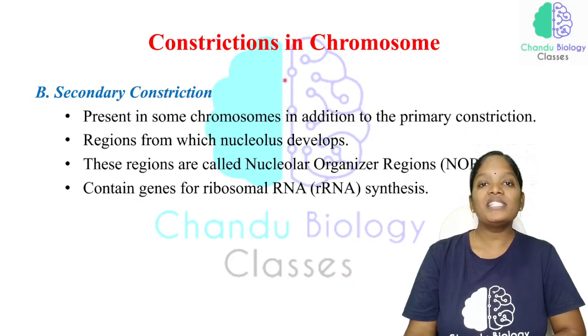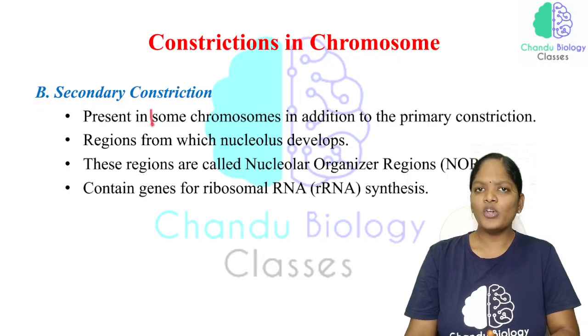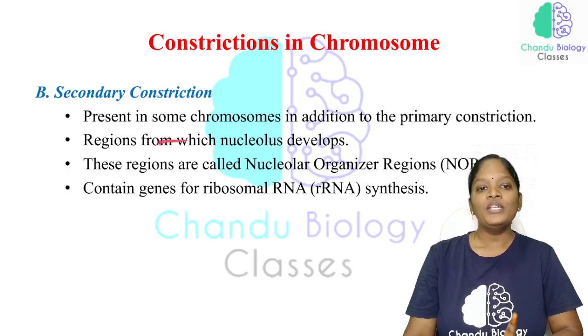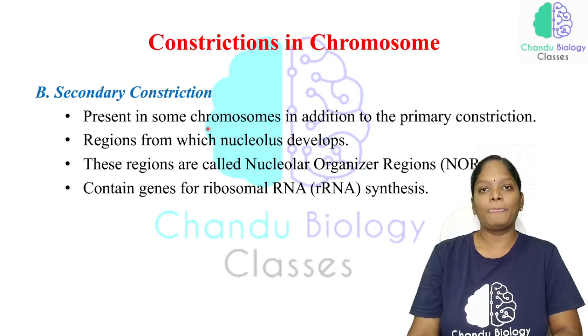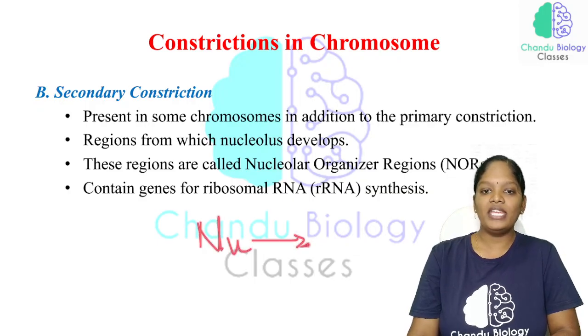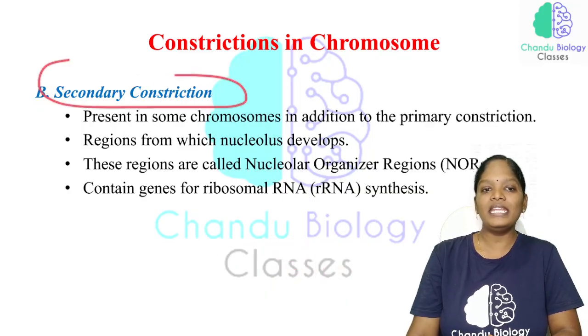Now, what is meant by secondary constriction? The secondary constriction is present in some chromosomes in addition to the primary constriction. Why does it have to be present? This is the region where the nucleolus develops. We have studied that in the nucleoplasm, we can see the chromatin and the nucleolus. The nucleolus will develop from the secondary constriction.